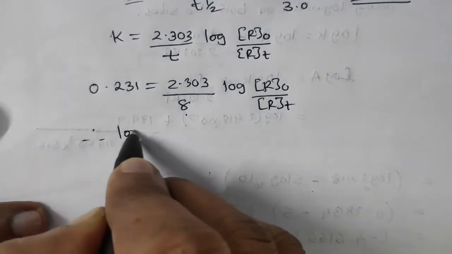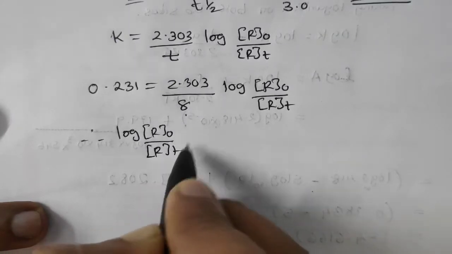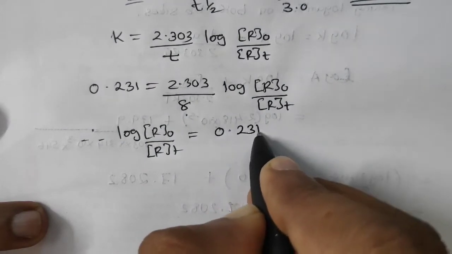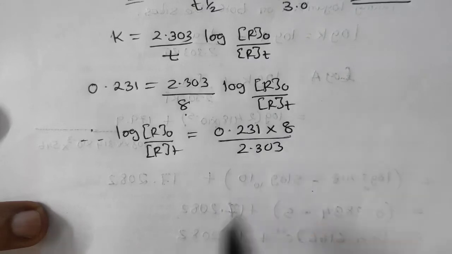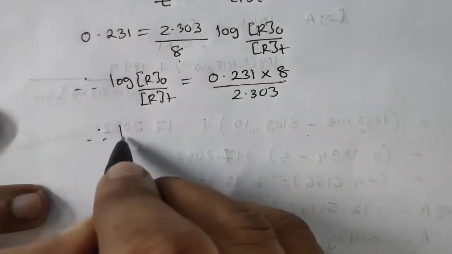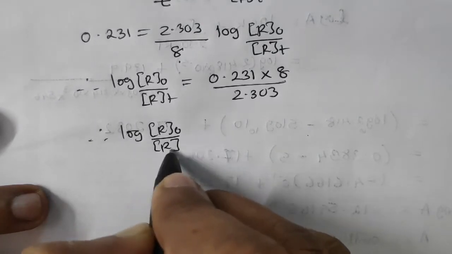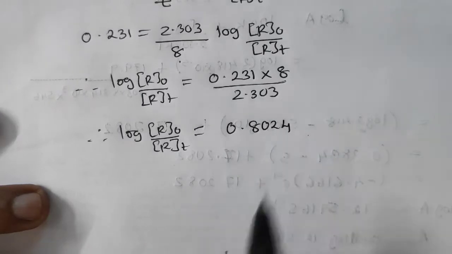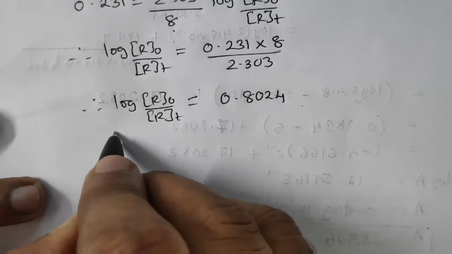Therefore log R0 by RT is equal to 0.231 into 8 divided by 2.303, so log R0 by RT is equal to 0.8024.